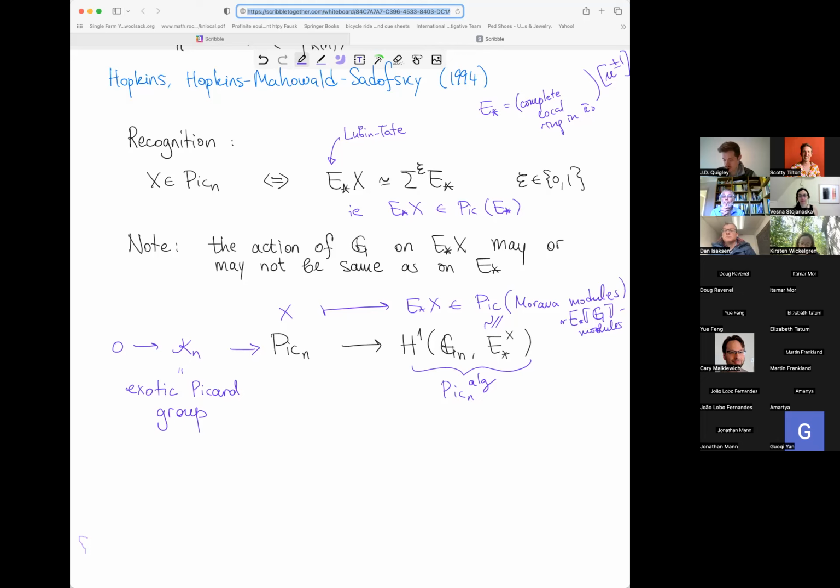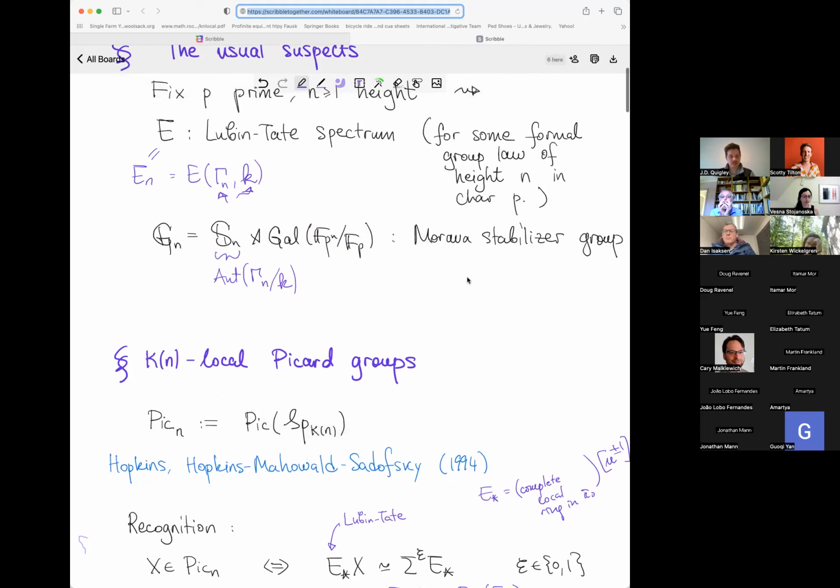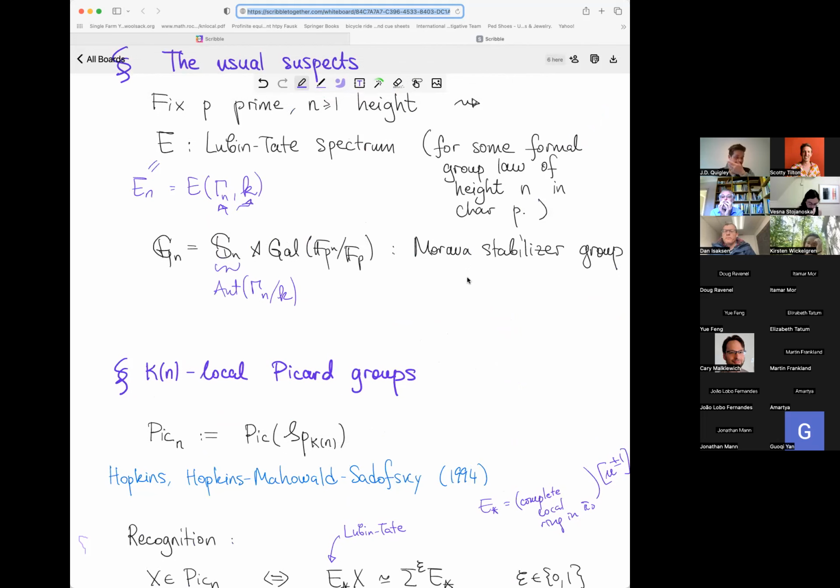So I'd want to use a spectral sequence with the symmetric group and the cyclic group. I call this S_n, but it's not the symmetric group. This is the automorphism group.